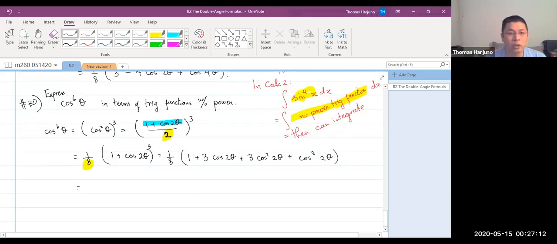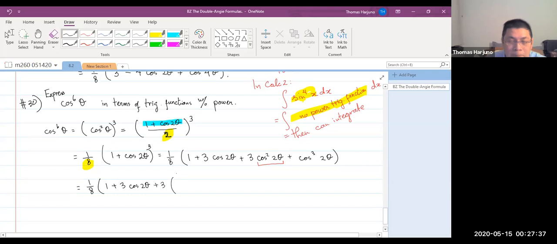Now, I'm good with the first two terms. But this guy here, let me use this color. This guy here is something I need to change. Right? Okay, so there will be plus 3 times.